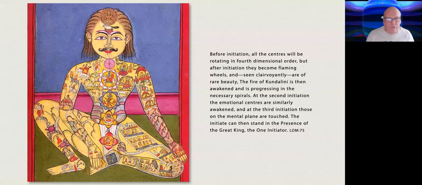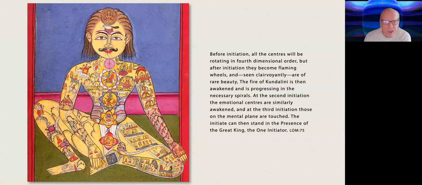Letters on Occult Meditation tells us, quote, before initiation, all the centers will be rotating in 4th dimensional order. But after initiation, they become flaming wheels and seen clairvoyantly are of rare beauty. The fire of Kundalini is then awakened and is progressing in the necessary spirals.